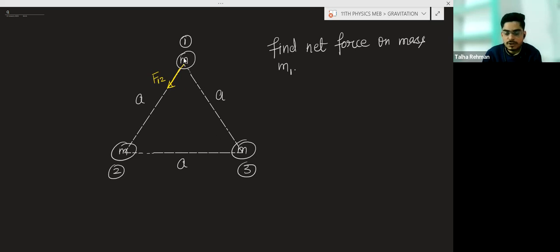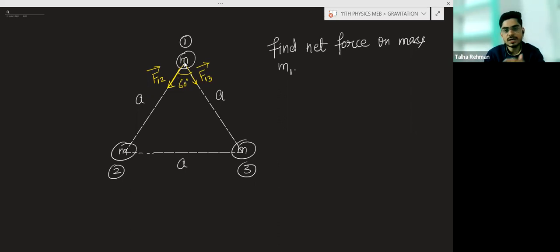Now on this mass M, the force due to mass 3 will be in this direction. And this is the equilateral triangle, so this angle will be 60 degrees.